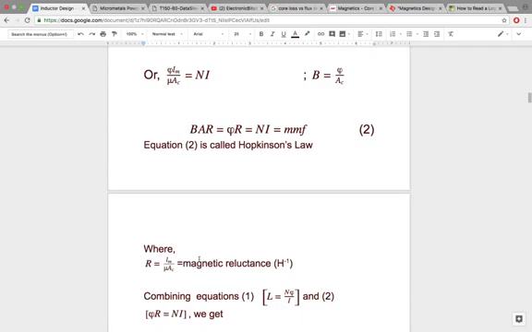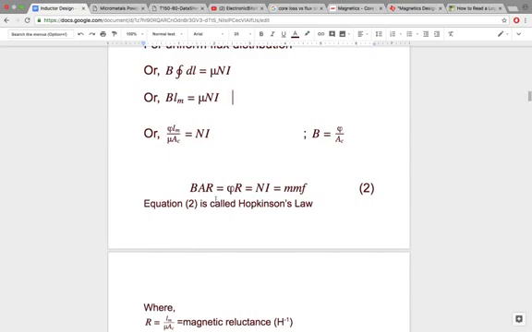Basically, the magnetic energy is stored in the reluctance, not dissipated. This expression contains a different form of MMF. MMF is nothing but magnetomotive force, which is responsible for building magnetic flux in the magnetic circuit. These are the different ways of writing MMF, and phi times R was introduced by Hopkinson, and hence it is called Hopkinson's law.